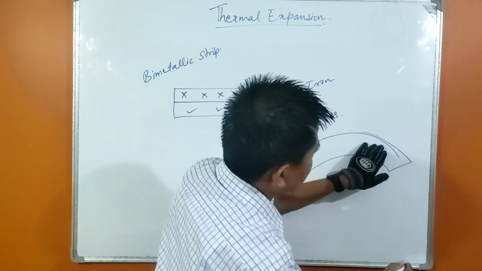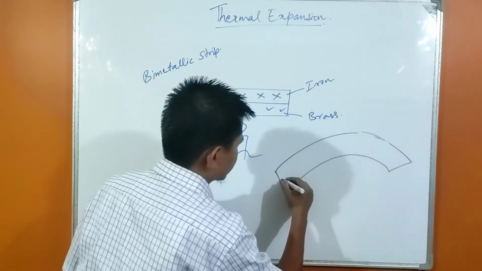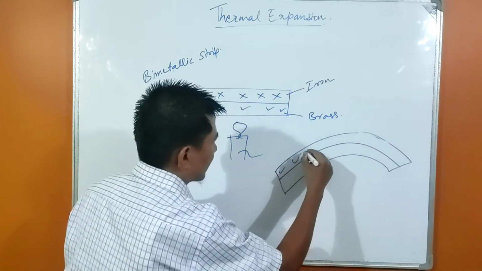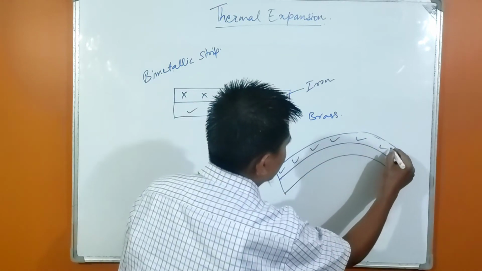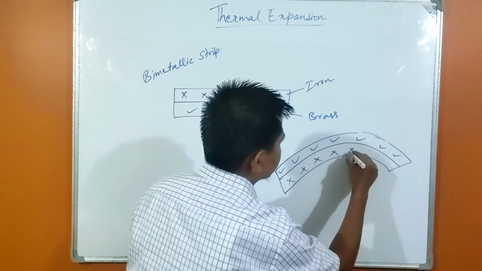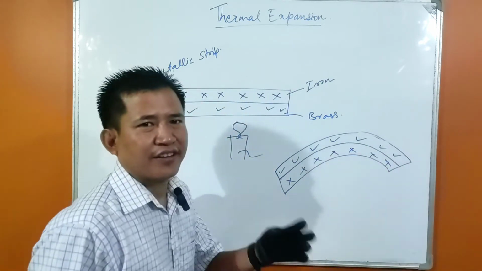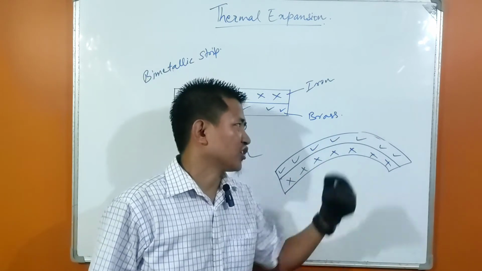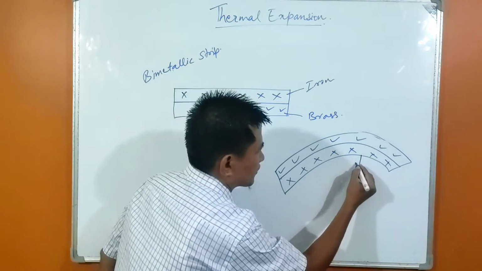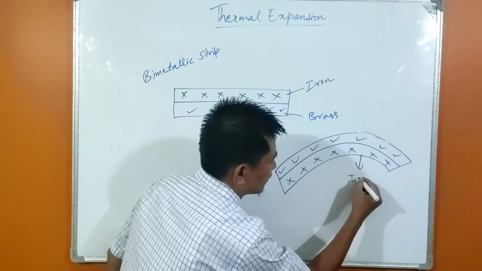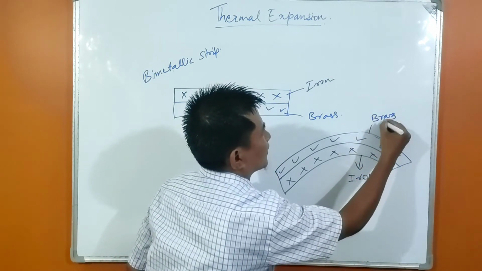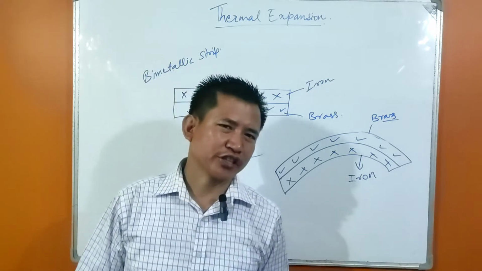And you will see that the brass is on the convex side and the iron is on the concave side. Iron, and this is brass. Got my point?